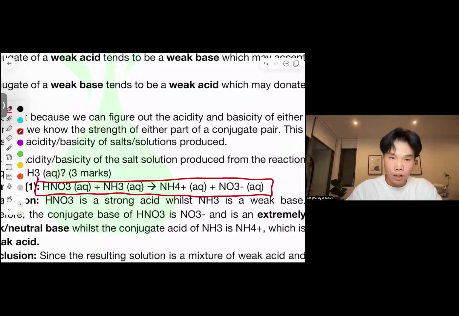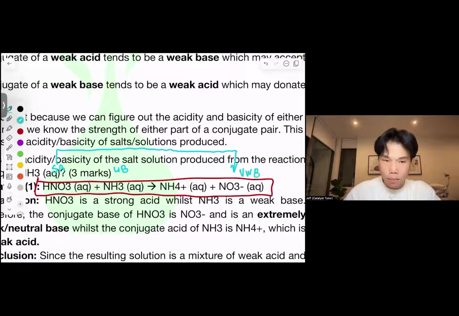So we can figure that out by looking at the conjugates. HNO3 is a strong acid. NH3 is a weak base. We know this from our knowledge of strength. Therefore, the conjugate of HNO3 is NO3 minus, a very weak base based on our conjugate system. And the conjugate of a weak base is a weak acid.